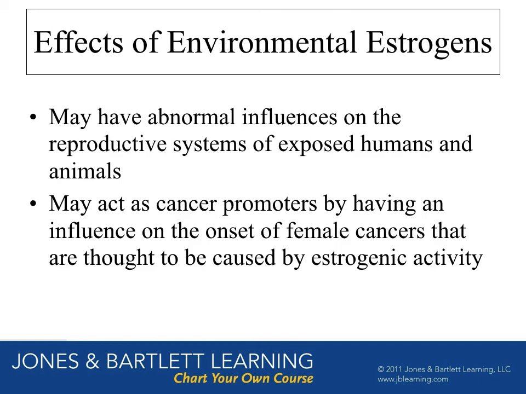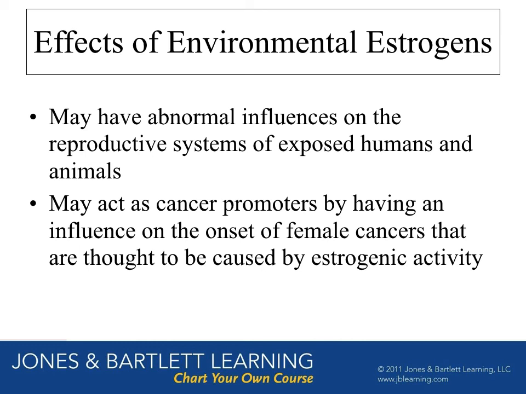This is a huge, huge issue because there have been a number of studies that link the onset of puberty and menstruation in young girls, which has decreased in the past 30 years by approximately 5 to 6 years. There are other effects that people are linking these environmental estrogens or endocrine disruptors to because they are so ubiquitous in the environment.